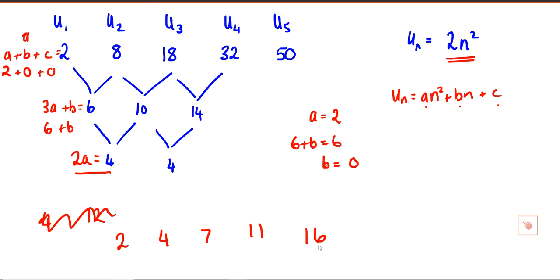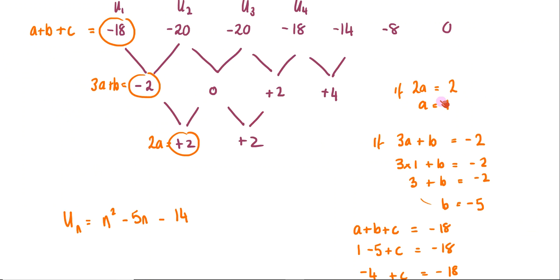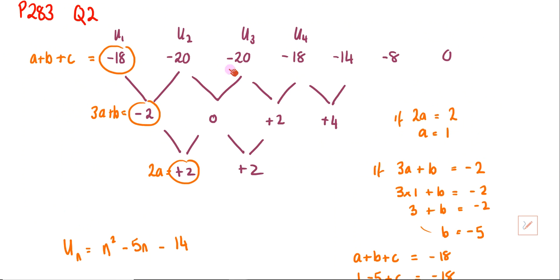Page 283, question 2. Have a go at that. There are some negatives, but that shouldn't matter because you use the same method. Come up with a formula for that quadratic formula.